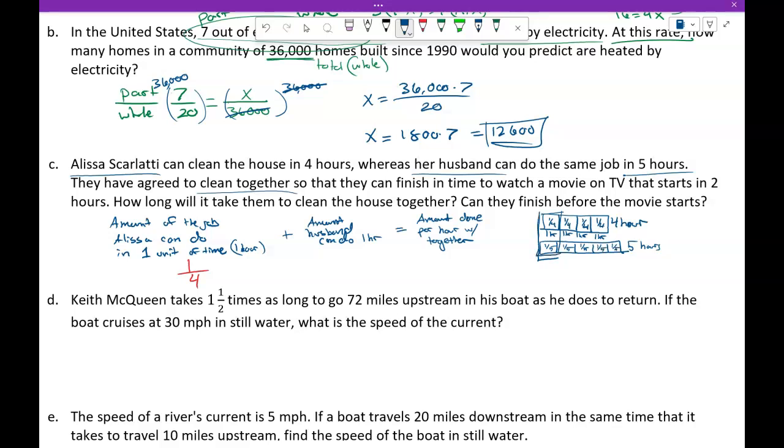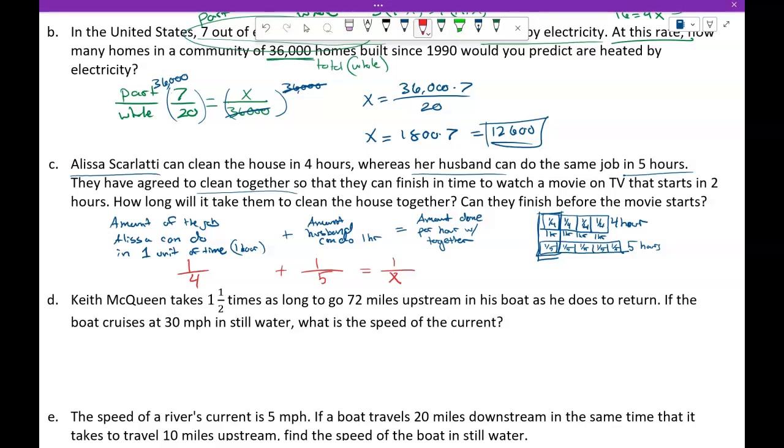And so since they're working together, we can add Alyssa's 1/4 of the job to her husband's 1/5 of the job, and we can figure out how much is done when they work together: 1 out of some unknown amount. And so this is this very basic structure that's going to be repeated a lot when we're looking at combined work problems.